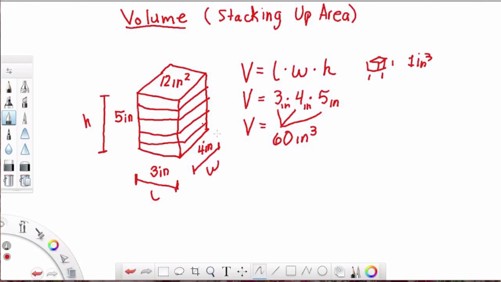So what we're doing is taking the area of our base polygon, our base face, which is 12 inches squared, and we're going to call that our base polygon. We're going to give it a big B. Big B stands for the area.